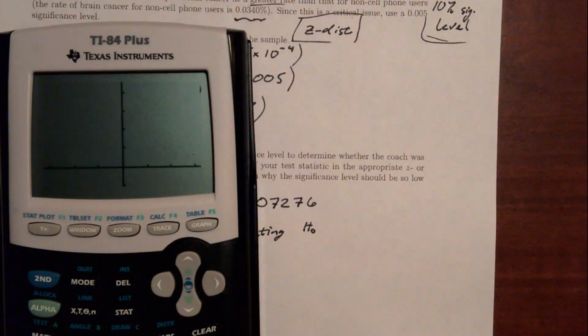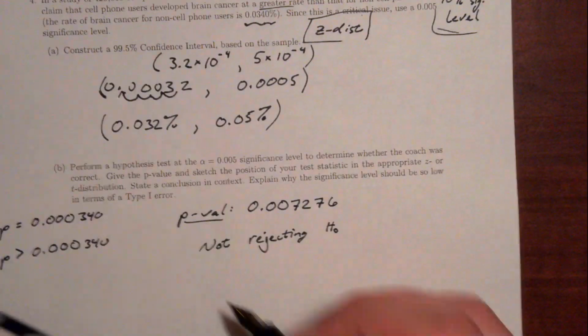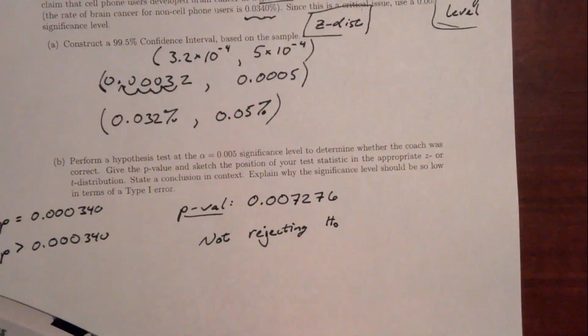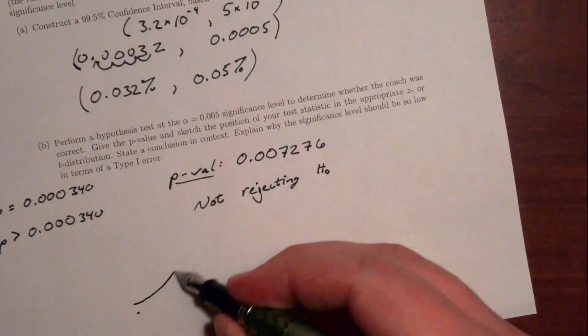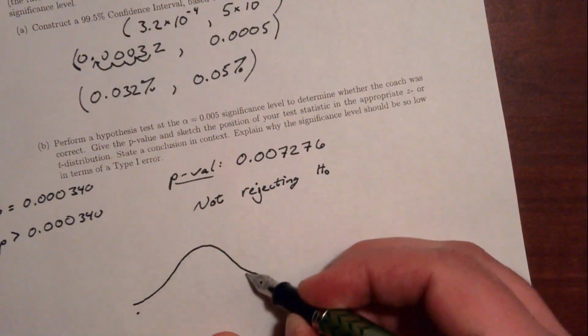And what have we got here? There's our precious bell curve, and you can see it's just shaded a bit on the right. Tiny little piece over here.